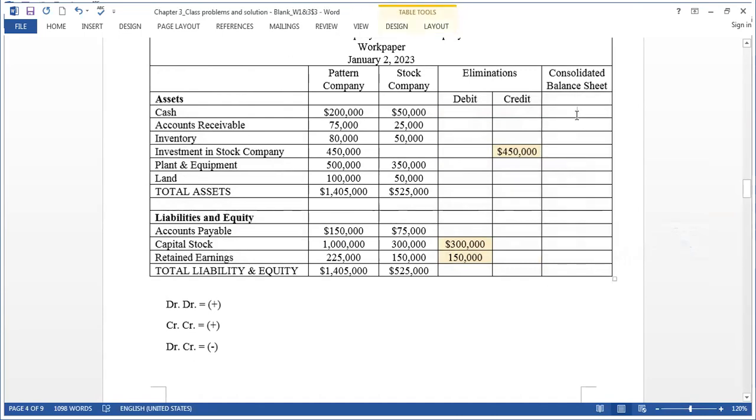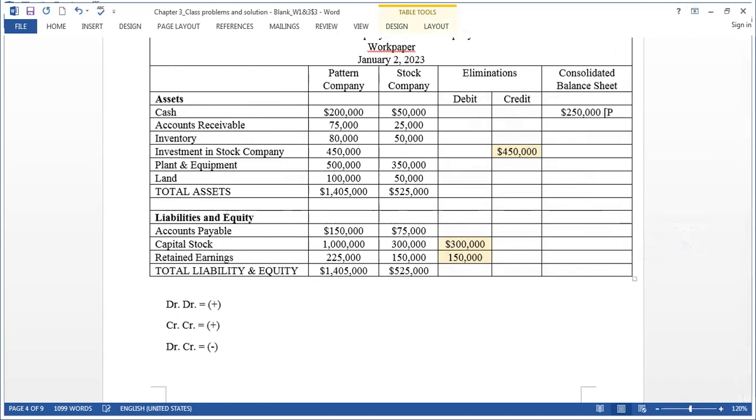So now here it is $250,000. And don't forget that this column is P plus S assets, P plus S liabilities. Then we have $100,000. Then we have $130,000. This account is closed.